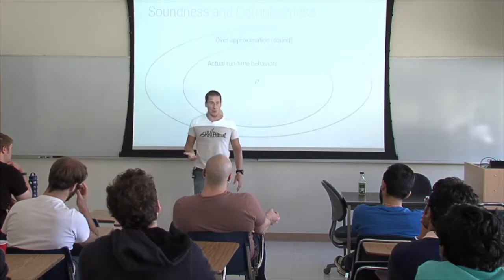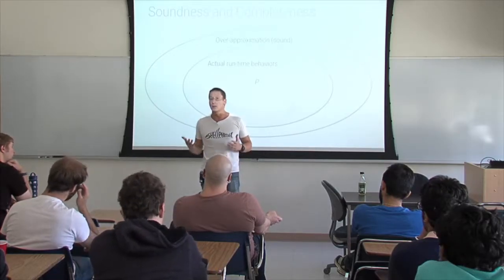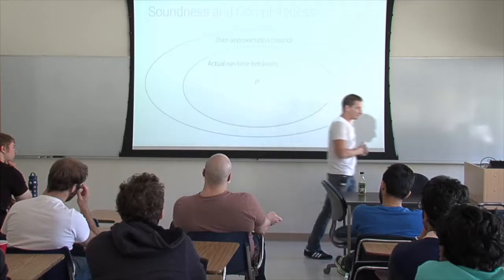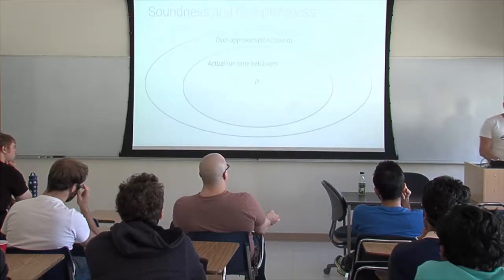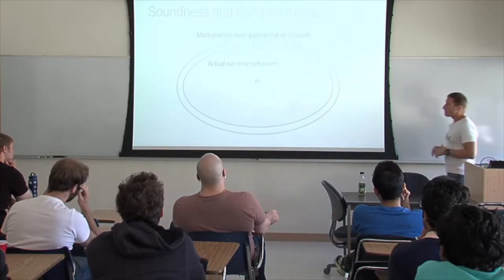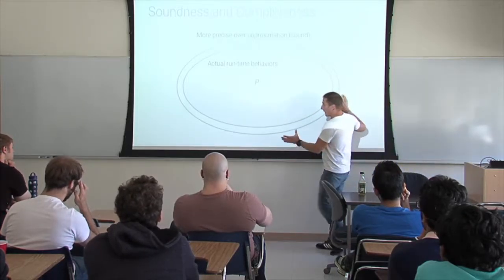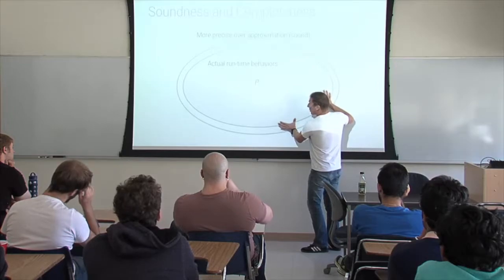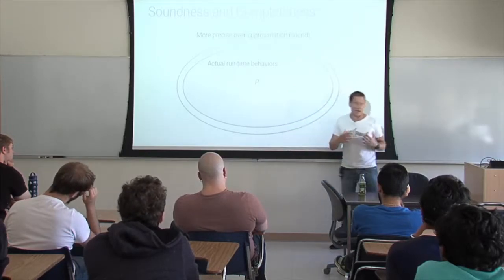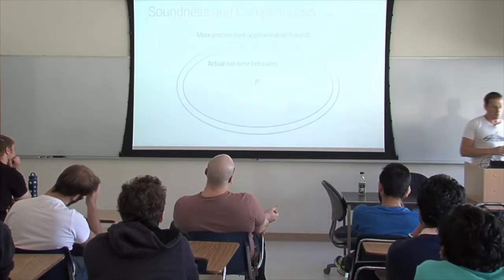And that's not something that the program can really do, and as a result, you have a false positive. Of course, you can limit that by improving the precision of your over-approximation, with the idea that you try to get as close as possible to the actual program behavior.